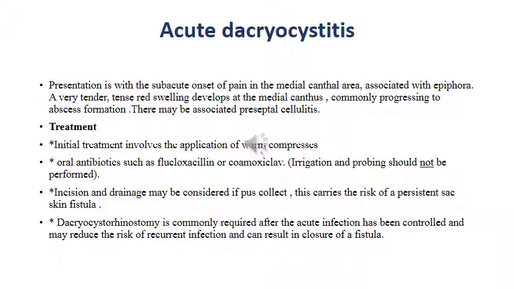Treatment is usually with warm compresses to decrease the pain and tenderness, and oral antibiotics. We don't do irrigation, we don't do probing, we don't do any type of procedure while there is an active infection. We give warm compresses, oral painkillers, and oral broad spectrum antibiotics.